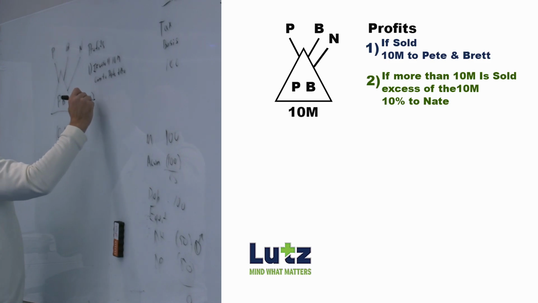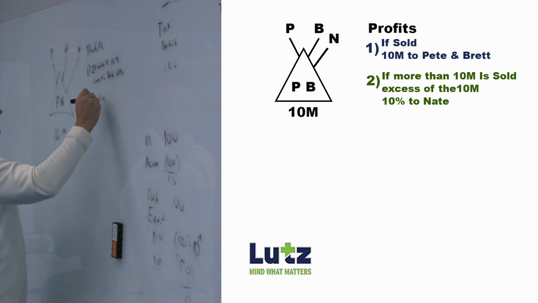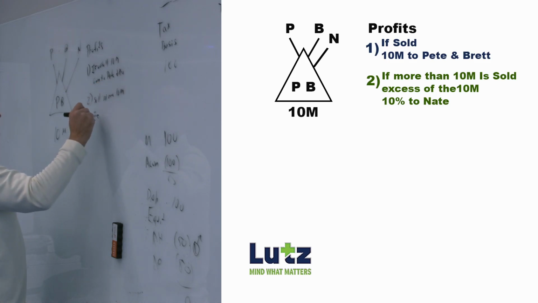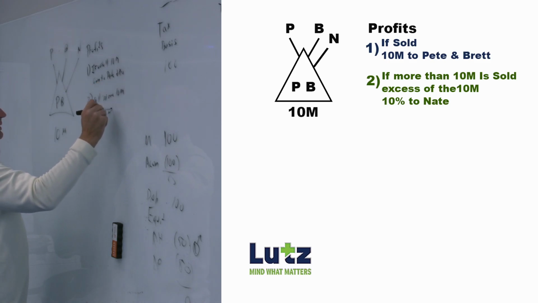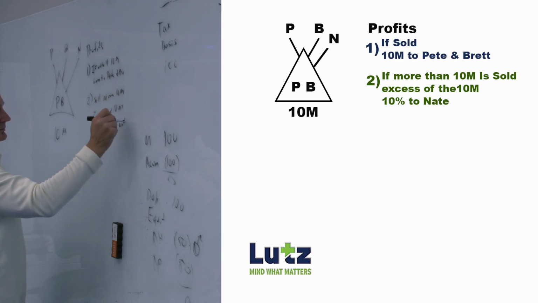Two, if we sell for more than $10 million, the excess of $10 million, 10% goes to Nate.